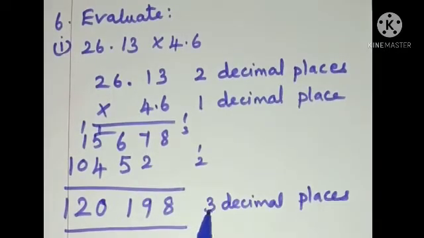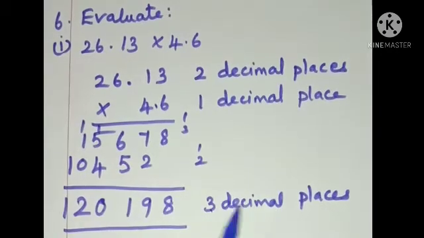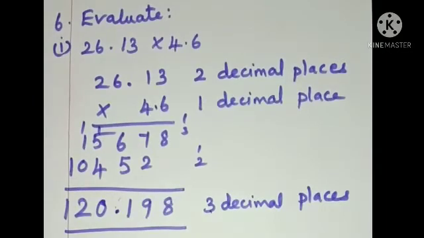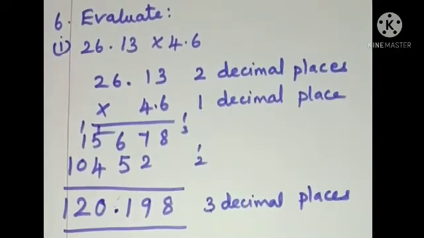So from the 1's place, you have to move the decimal point 3 places: 1, 2, 3. Therefore 120.198 will be our required value.